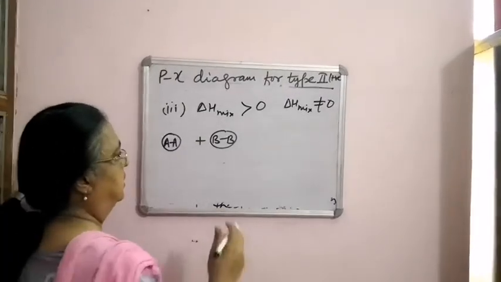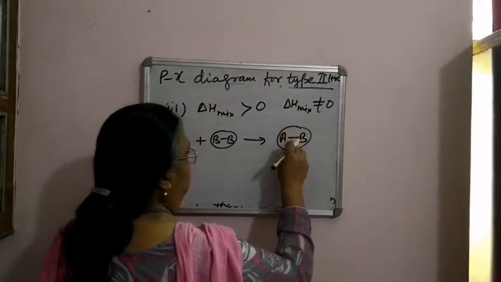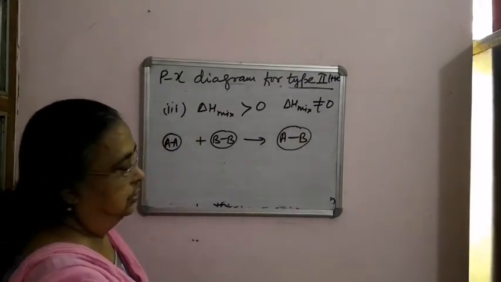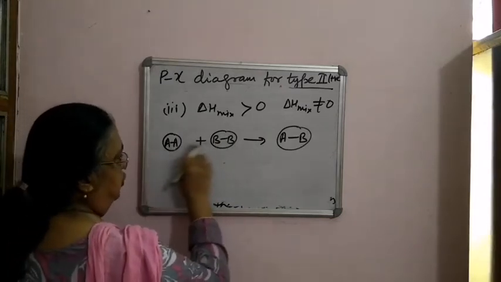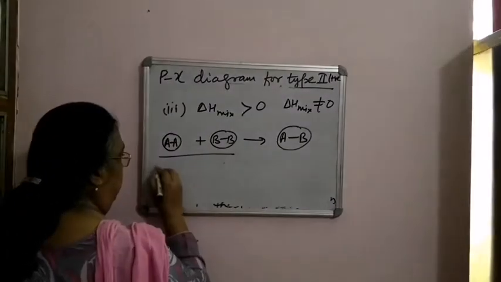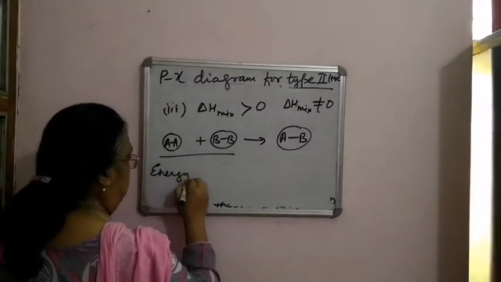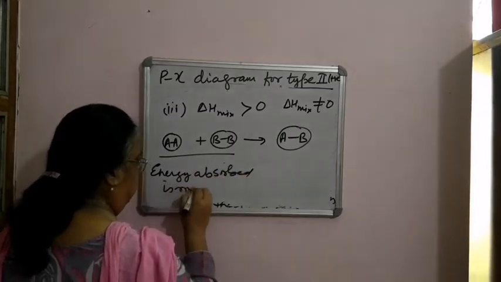And AB, which is formed, has a binding force that is not that strong. So when these interaction forces are stronger, they absorb more energy. So the energy absorbed to separate these molecules is more.